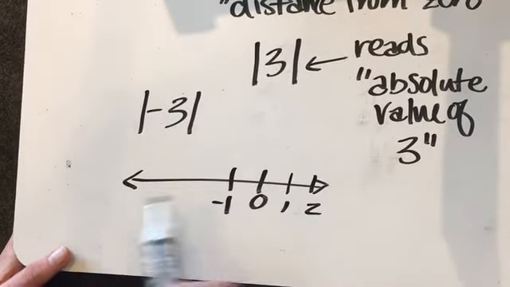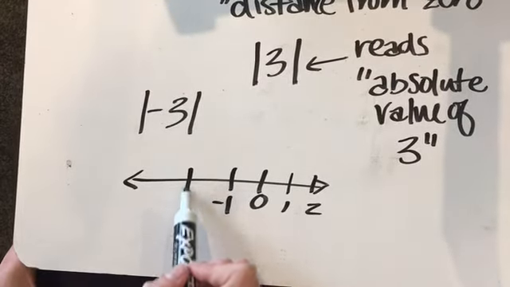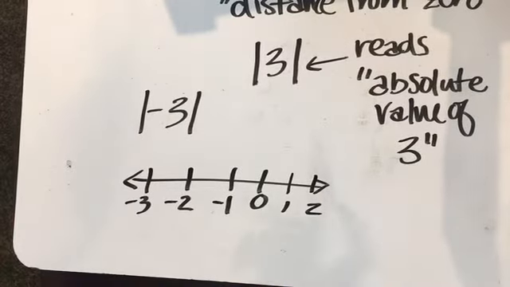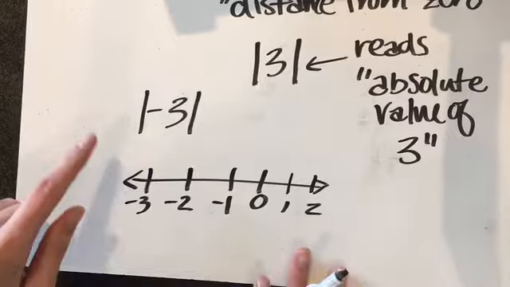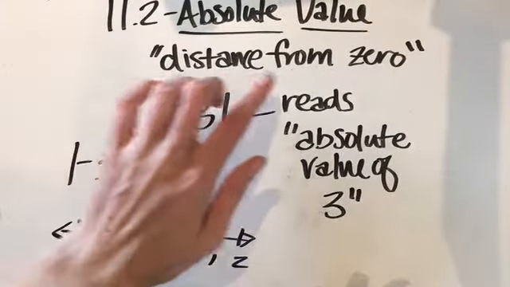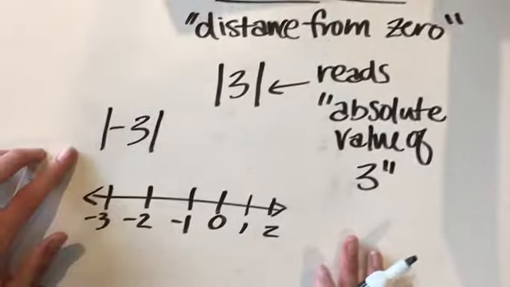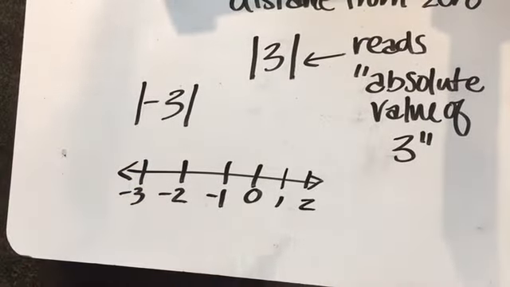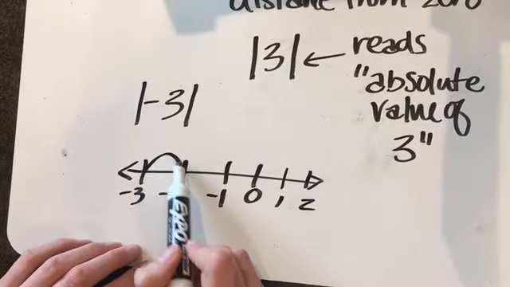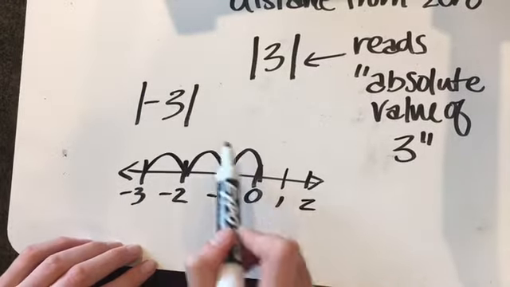And we're going to model that through the number line. So 0, -1, -2, and -3. Well, how far away is -3 from 0, right? Because the definition for absolute value is the distance from 0. So what's the absolute value of -3? Well, that's how far away -3 is from 0. So if we go from -3 to 0, how far is it? It's 1, 2, 3 units away.